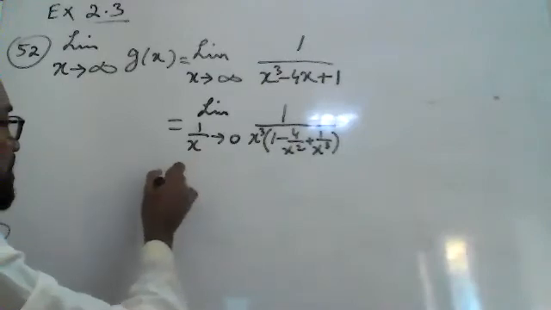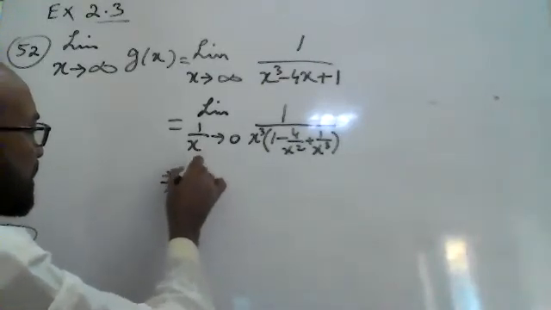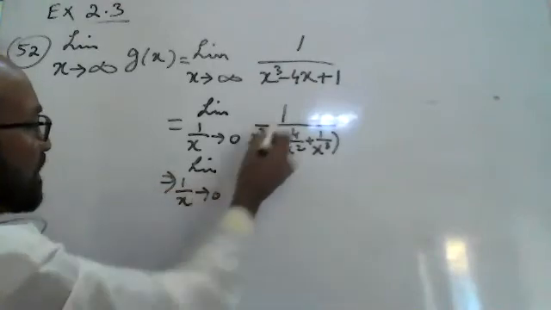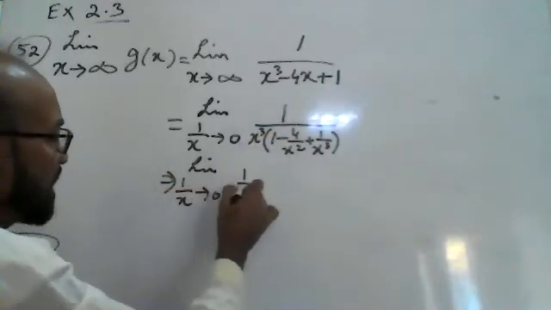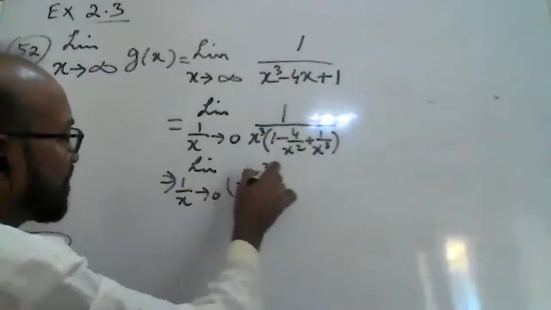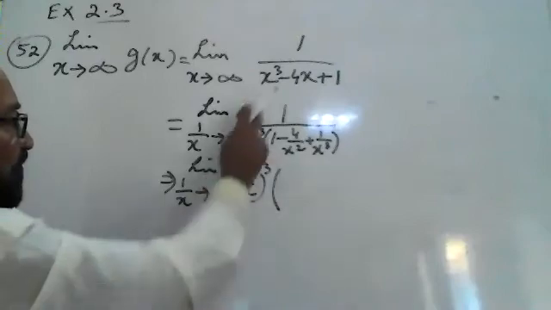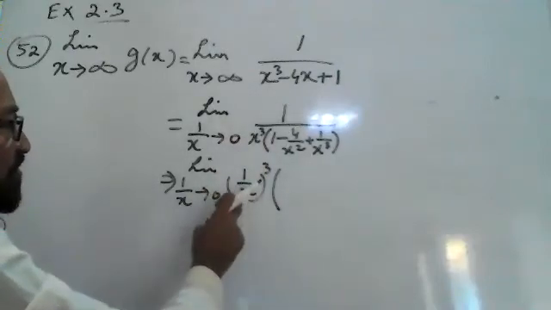It will become limit 1 over x tends to 0. This 1 over x cube will become 1 over x whole cube.